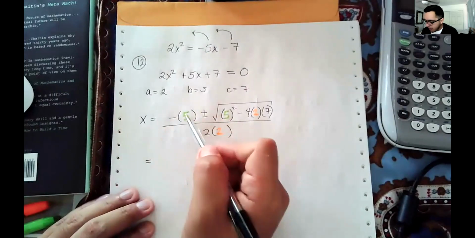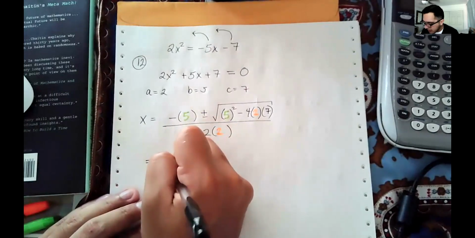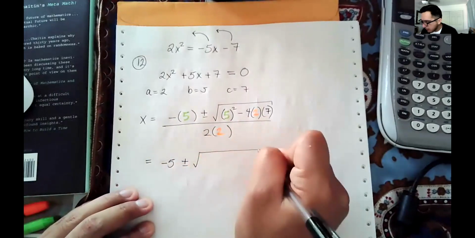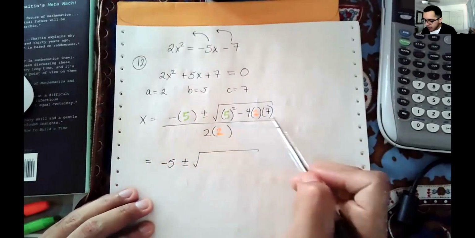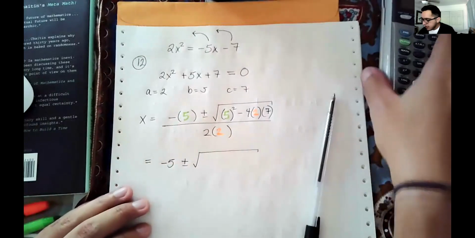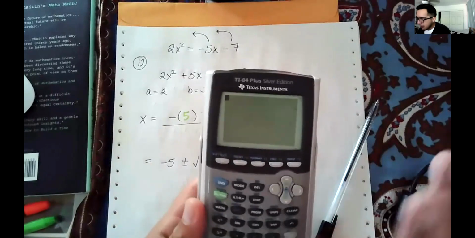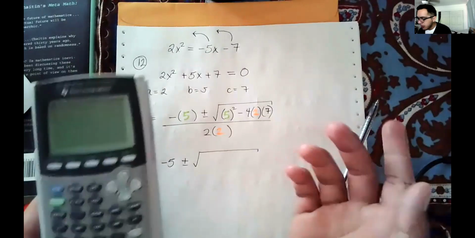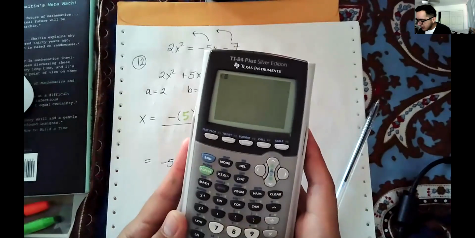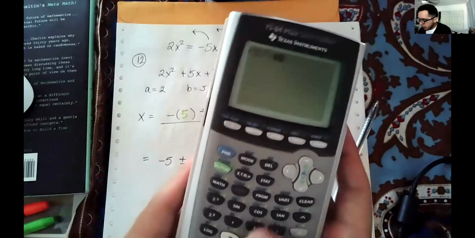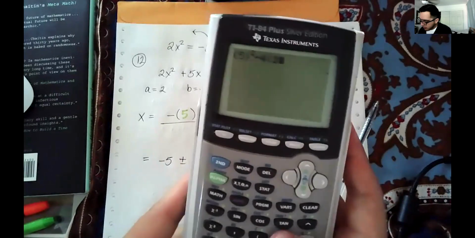So this is -5, nothing strange there, plus or minus the square root of, and you could throw this all into the calculator, which I will do now, but just make sure that you throw it into the calculator exactly the way that we wrote it. So parentheses 5 squared minus 4 parentheses 2 parentheses 7.